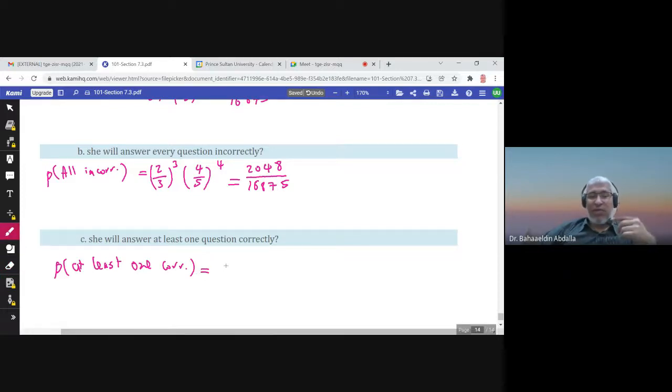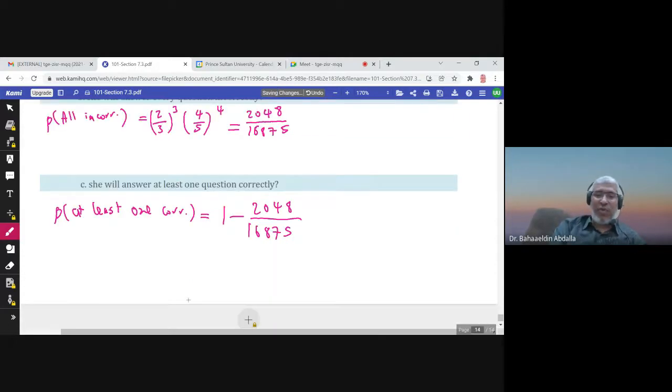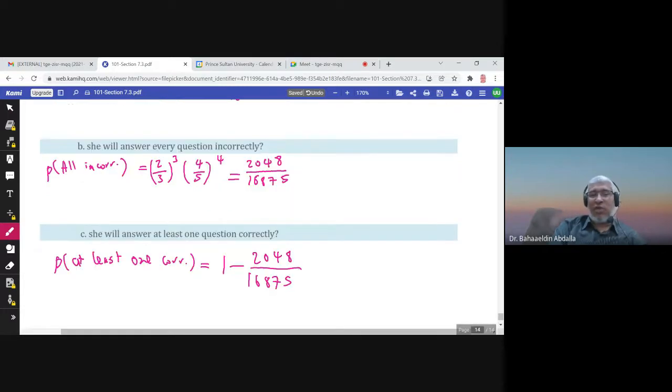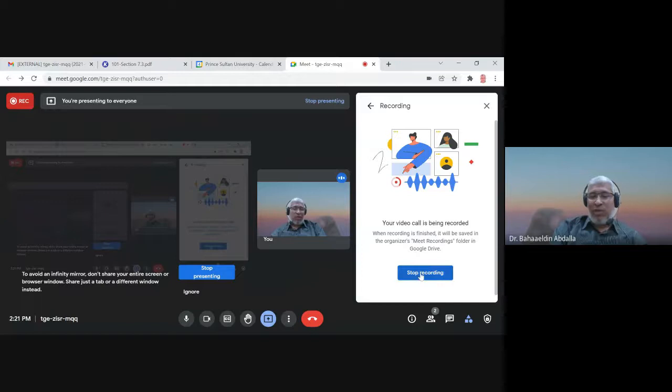So what is left? None is correct. So 1 minus 2048 over 16875. This would be the probability that at least 1 question is correct. Thank you very much. I hope you enjoyed probabilities.